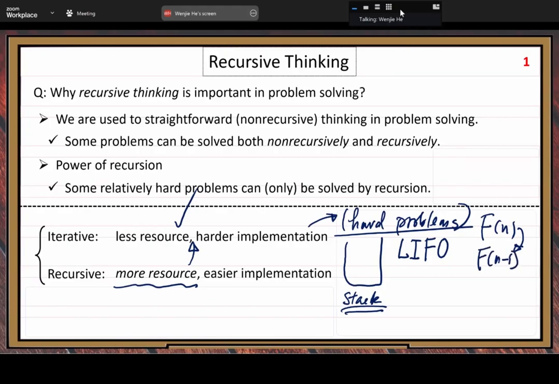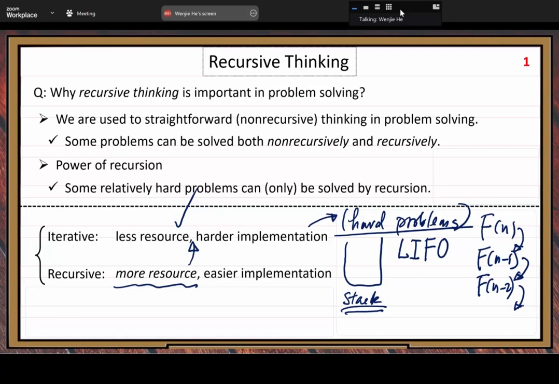But f of n minus 1 relies on its previous value, f of n minus 2, and so on. All the way down to the bottom. That kind of recursion we need to do to calculate our function value, f of n. Now, let's use stack to implement this calculation.